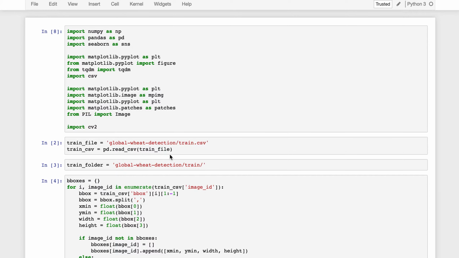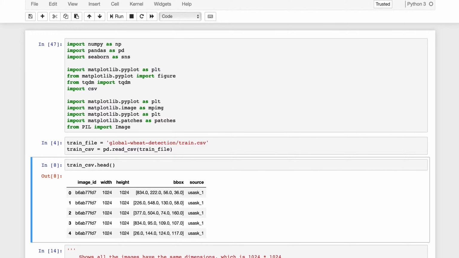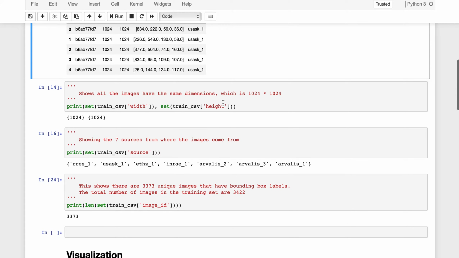Now, why do we want to resize images? The great thing about the data set is that all the images are of dimension 1024 cross 1024, which means each image has a million pixels. Actually it has three channels, so it has close to 3 million pixels, each a floating point number.